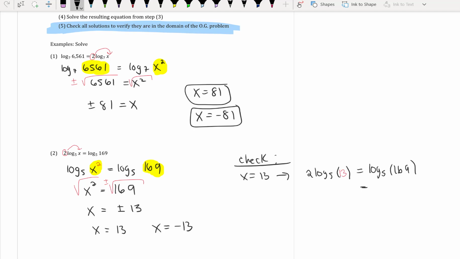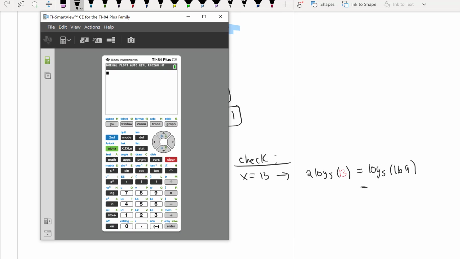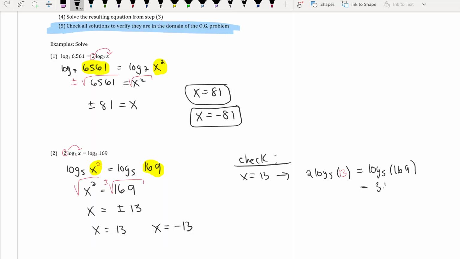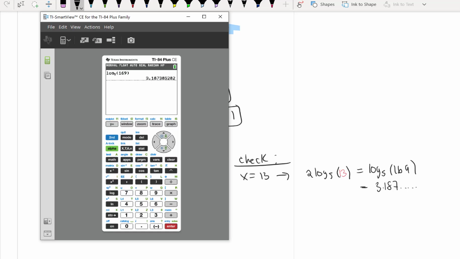So I'm going to figure this out with the help of my calculator. So I can go to math and go down to your log base. So it's log base 5 of 169, and that's equal to 3.187. Right? So let's see if that's the same on the opposite side.